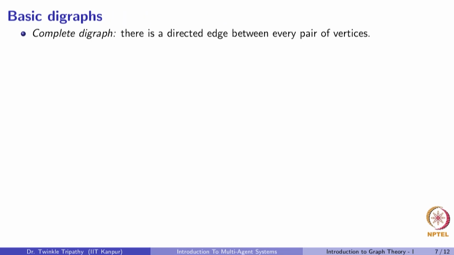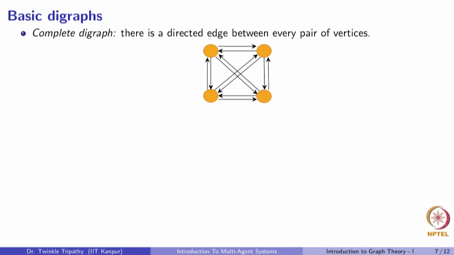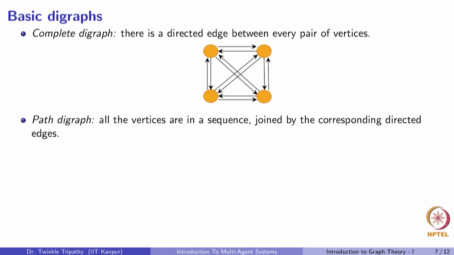So, the directed notions are very similar to the undirected part, with the only difference being that the edges now become directed in nature. For example, in a complete digraph, we see that between any 2 pairs of vertices, again we have an edge in both directions. And in a path digraph, so just to remind you, a digraph is simply a directed graph.